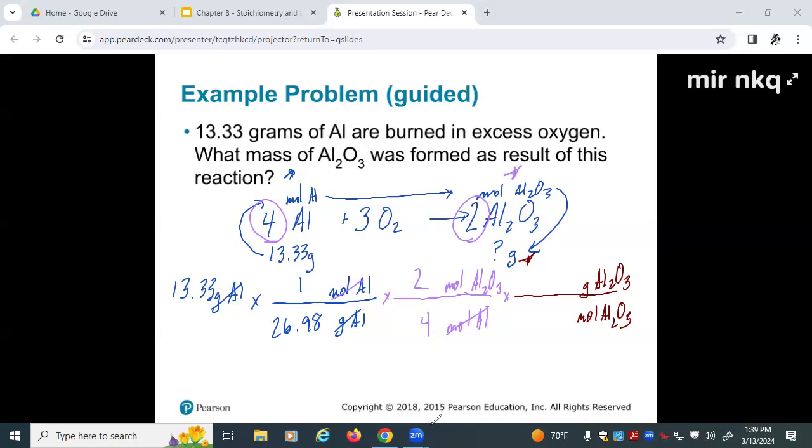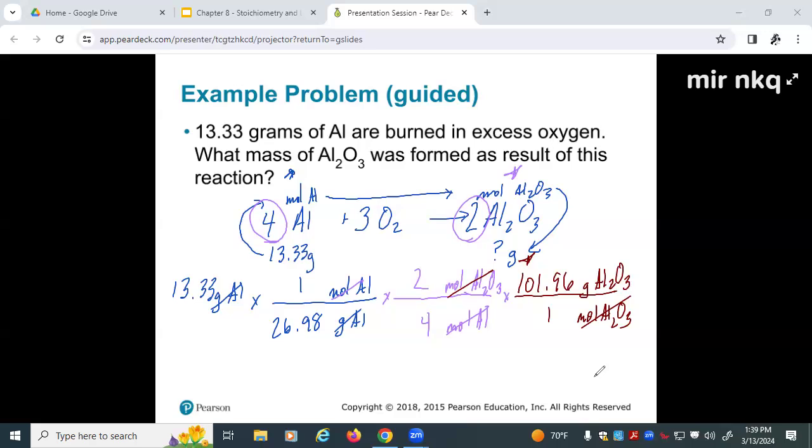So that would be 2 times 26.98. And I have 3 oxygens, so that would be 3 times 16. Total mass here is 101.96 grams per mole. Moles of aluminum oxide cancel. Now I'm left with just grams of aluminum oxide.